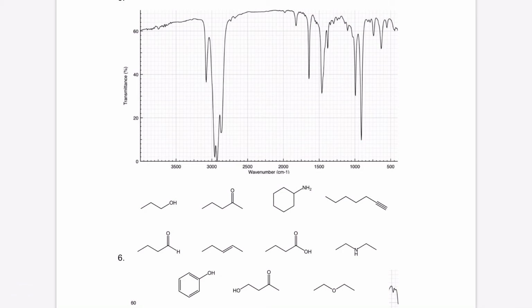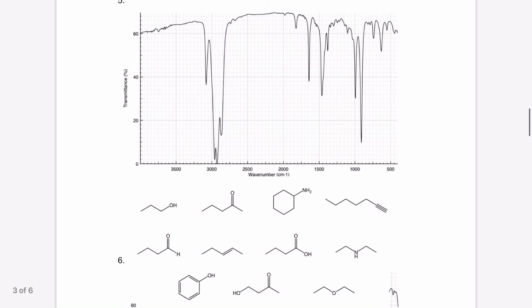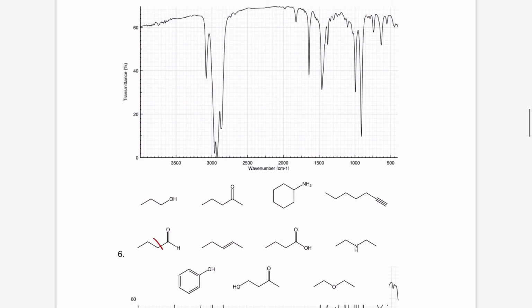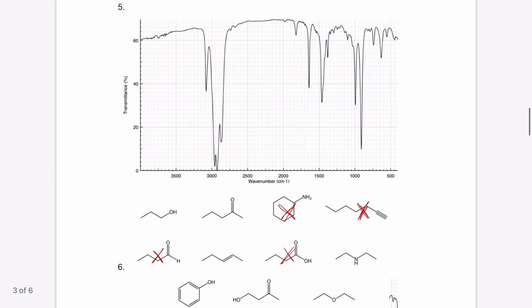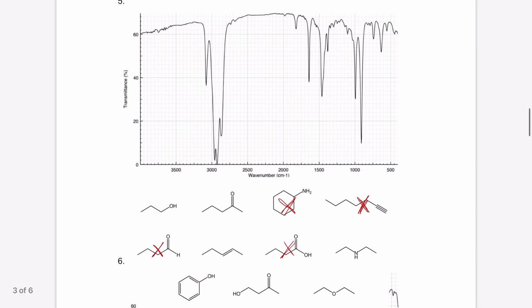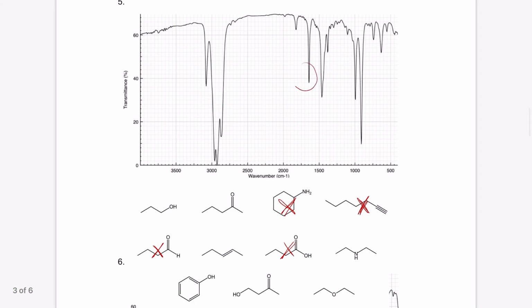Looking at question 6, we've already used our aldehyde, amine, alkyne, and our carboxylic acid. Okay, looking at question 5, we see this band that's right around 1600.